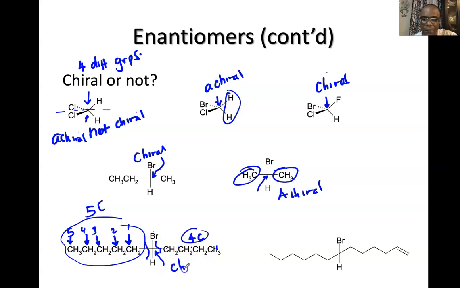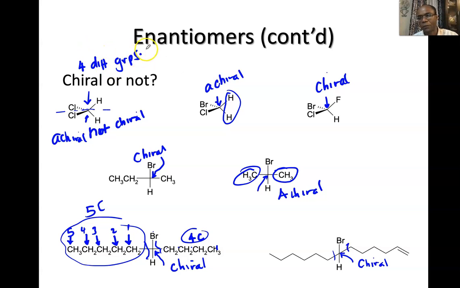So this entire molecule is chiral. There's no plane of symmetry. Definitely on the right you have a double bond. Here you don't. So these 2 carbon chains are different. You have Br and H. So this carbon has 4 different groups, which makes this entire molecule chiral because there's no internal plane of symmetry.